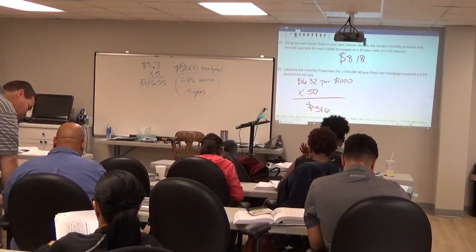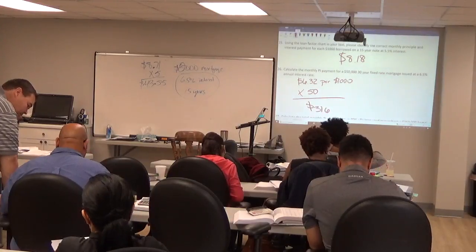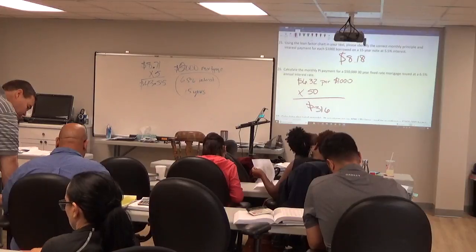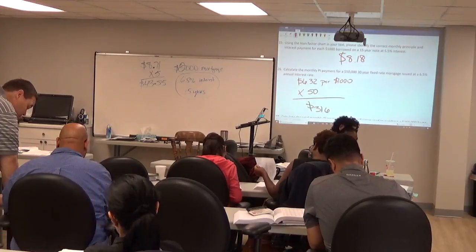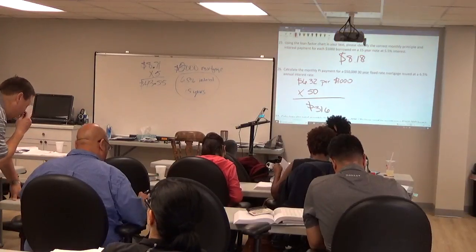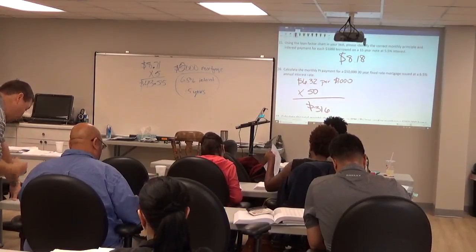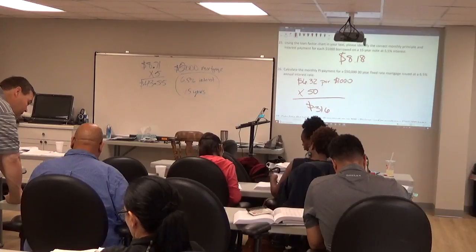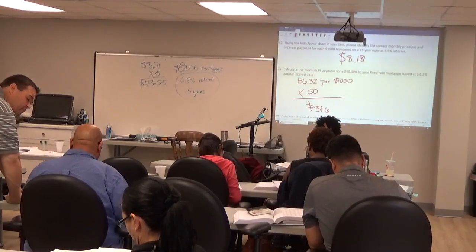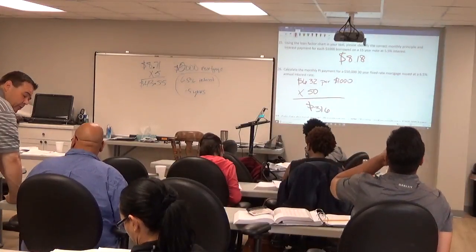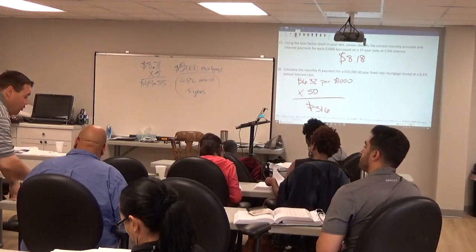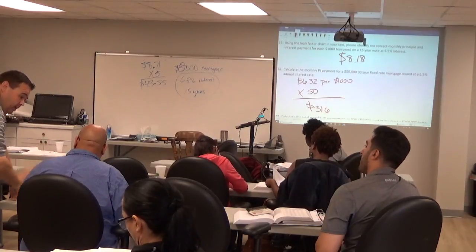All that goes to the monthly payment. Why are you doing that? What's any of that going to do then? Calculate the monthly payment. Why are you going out to annual interest and all that?